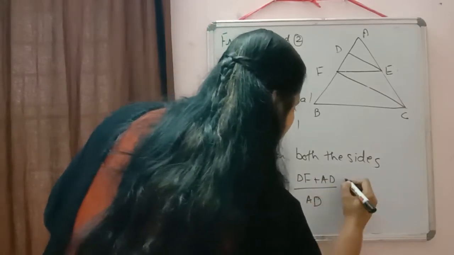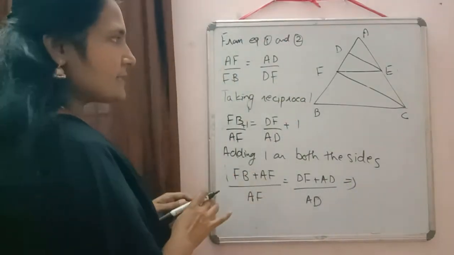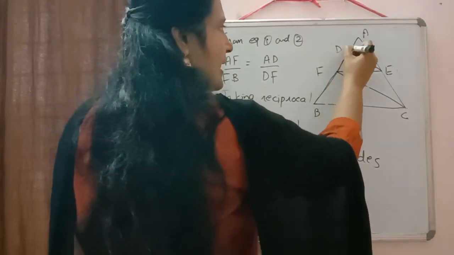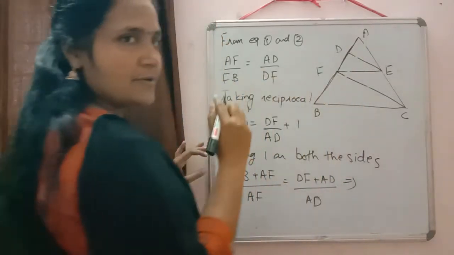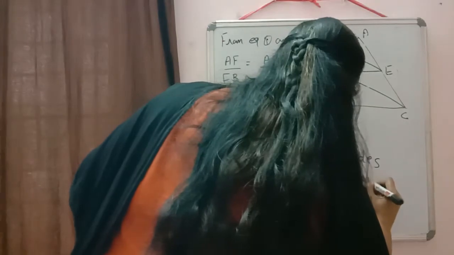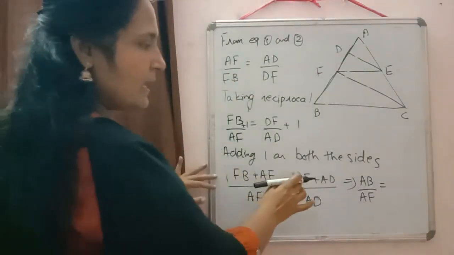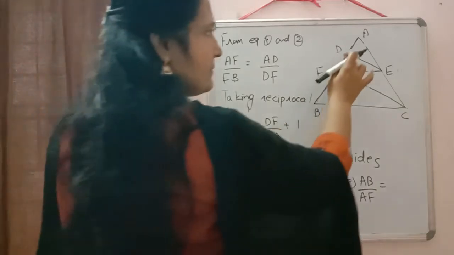Now check in the figure, FB plus AF. FB plus AF together will be equal to AB. So we are getting here AB by AF is equal to DF plus AD.